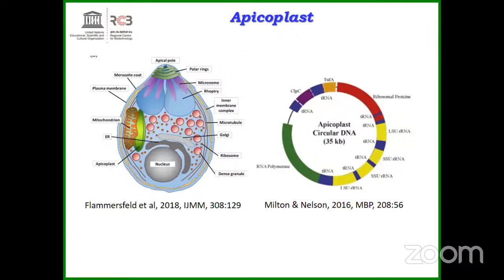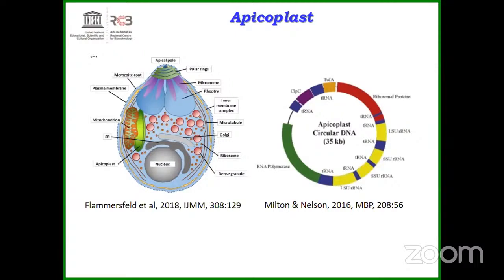And this is a problem especially for the malaria parasite. Malaria parasite is special because it has 3 genomes. It has a nuclear genome, a mitochondrial genome, and then it has this organelle known as the apicoplast, which has its own circular genome, about 35 kb, which is very AT rich.